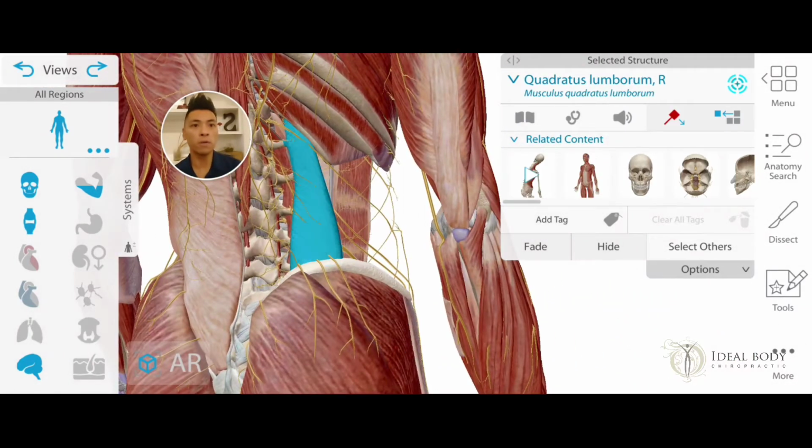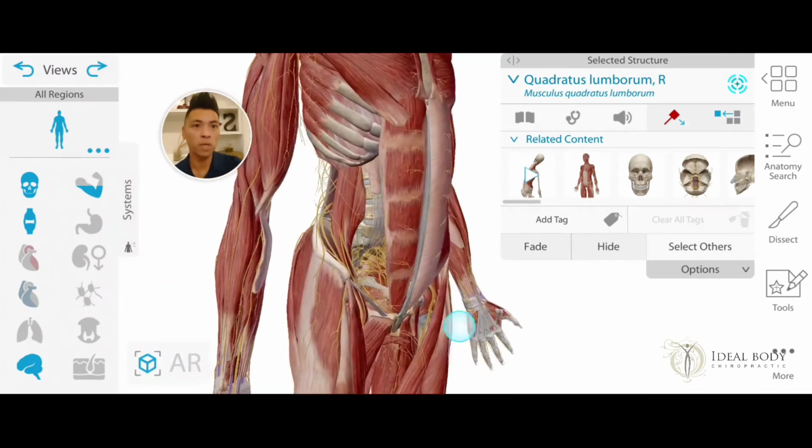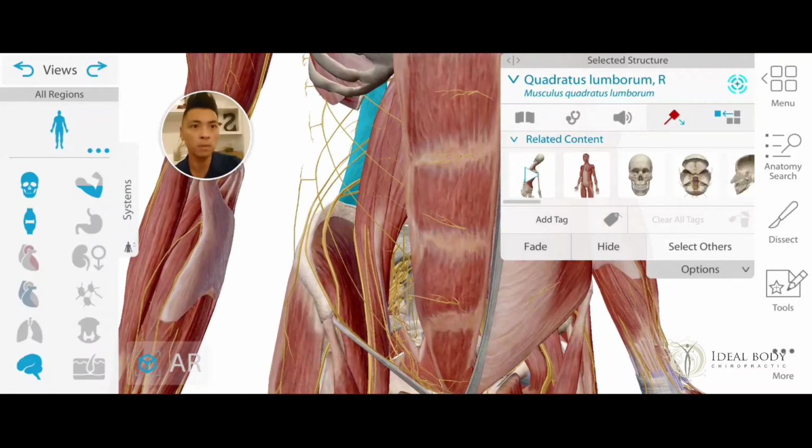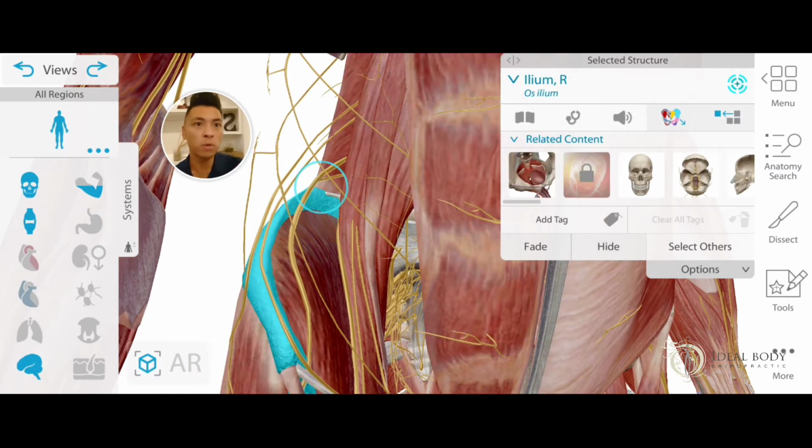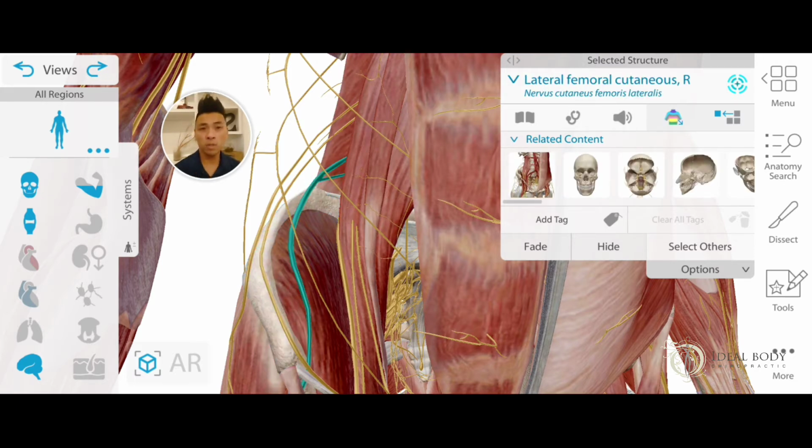Okay, so this is the quadratus lumborum muscle, highlighted in blue again, and if I rotate it towards the front and zoom in, you can then see that lateral femoral cutaneous nerve lies directly in front of that quadratus lumborum muscle. So if this muscle, the QL, gets tight, or if it gets injured and has scar tissue formation and shortens, it'll create a compression on this lateral femoral cutaneous nerve.